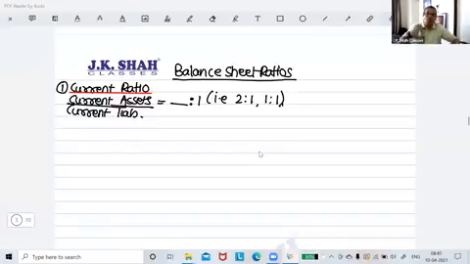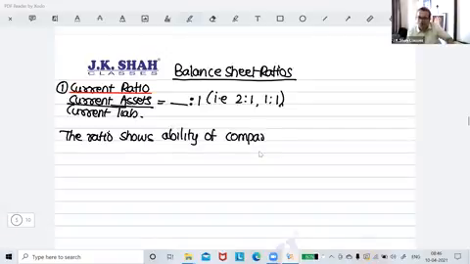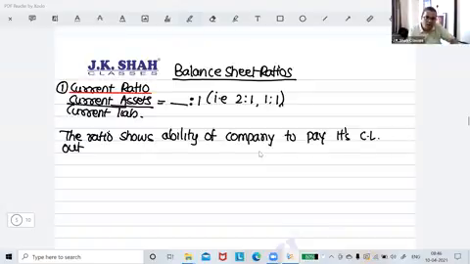So what this ratio shows, that is the first important thing that we need to know. The ratio shows the ability of a company to pay its current liabilities out of its current assets.